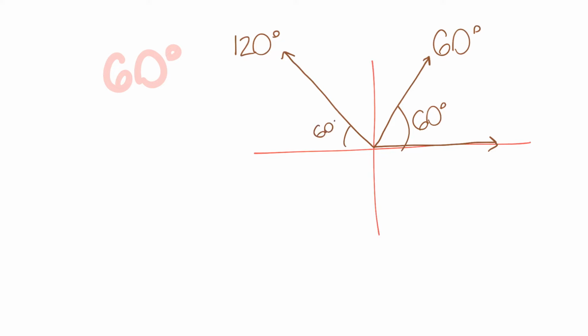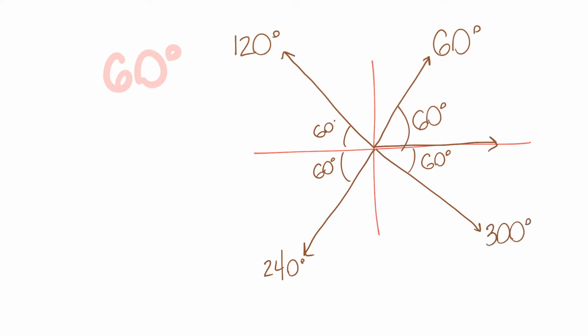A 60 degree reference angle in quadrant 3 is going to be 60 past 180, so that's going to be at 240. And then in quadrant 4, here's my 60-degree reference angle again. This is going to be at 300.